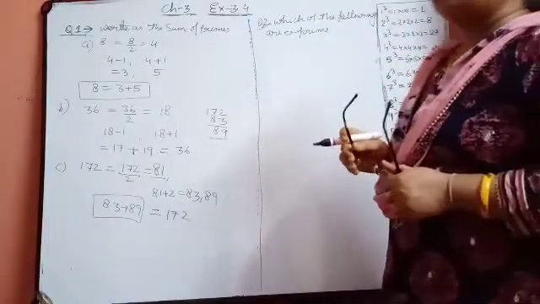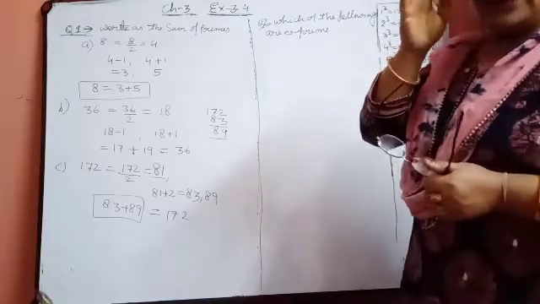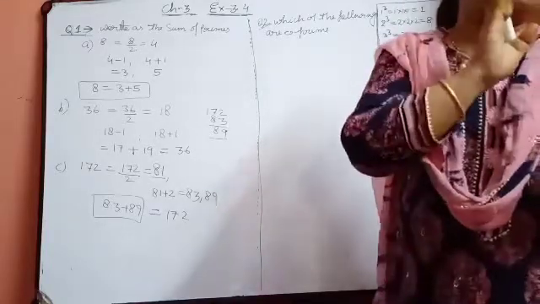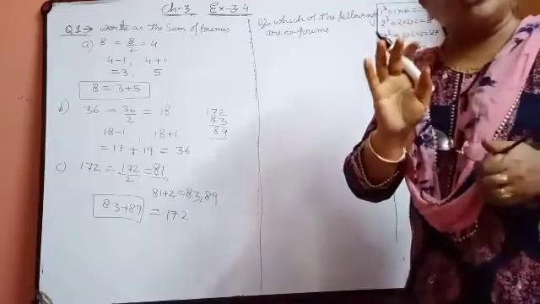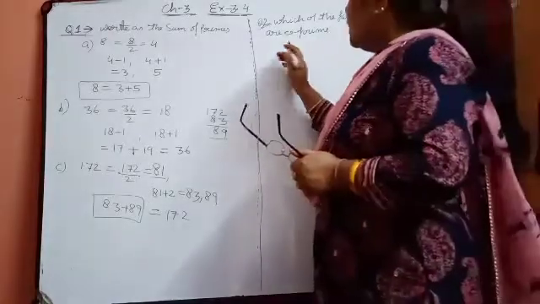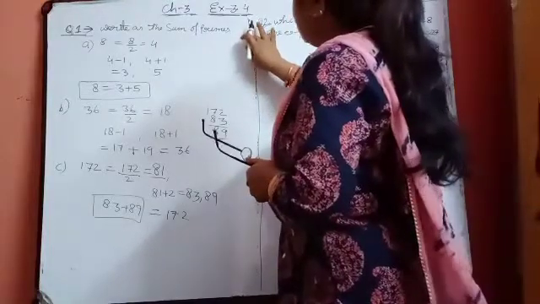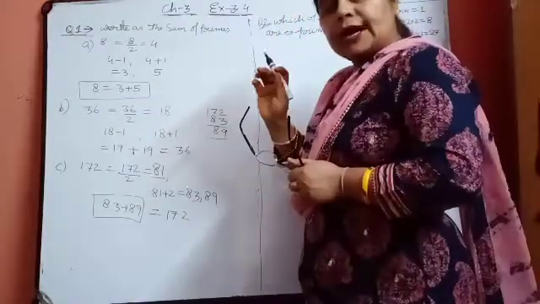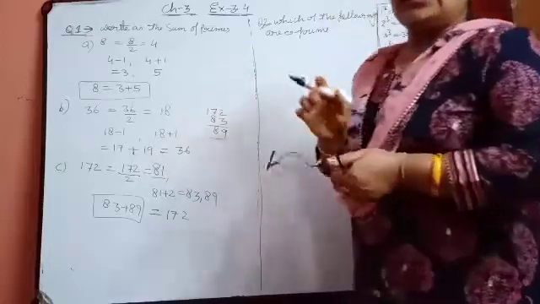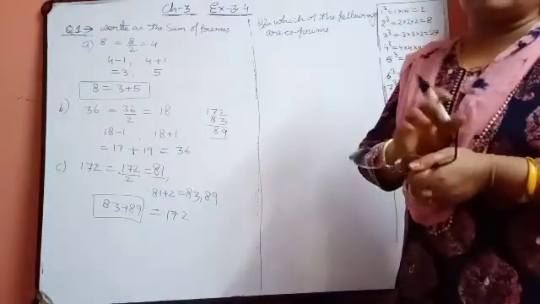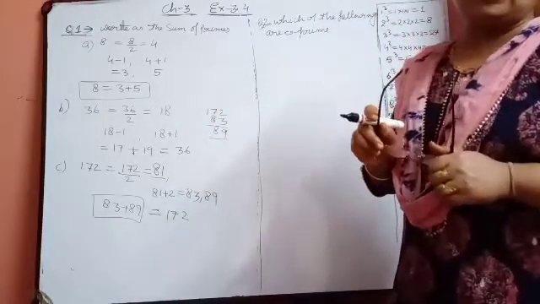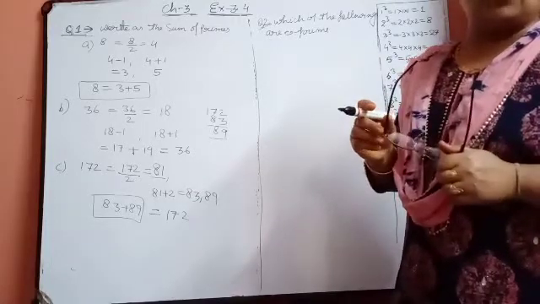Co-prime numbers are those numbers, and it is not necessary that they are prime numbers. They can be composite numbers also. But they will not have any factor other than 1. In the last class I taught you that if their HCF is equal to 1, then the numbers are co-prime, meaning they will not have any common factor.